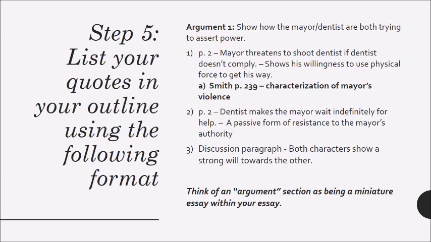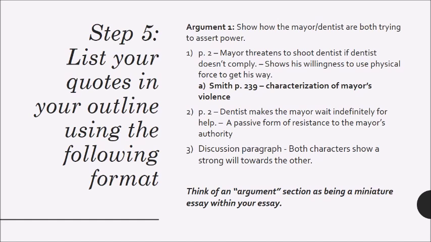So when I actually get to the paragraph in my essay where I'm going to be talking about this quote on page 2 about the mayor, I will also simultaneously in that same paragraph pull in my secondary source quote and use it to help support the way that I'm talking about this particular quotation from my primary source. So if you're putting that into your outline, that's one way you can put your secondary source quote in. I'll look at some other ways that secondary source quotes can be inserted later in this video.